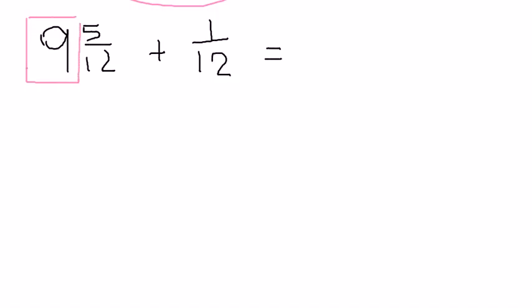9 whole 5 over 12 plus 1 over 12. Yep. First things first, what do we do? We get rid of the whole number. There's a whole number here, no whole number here, so easy, shift it.